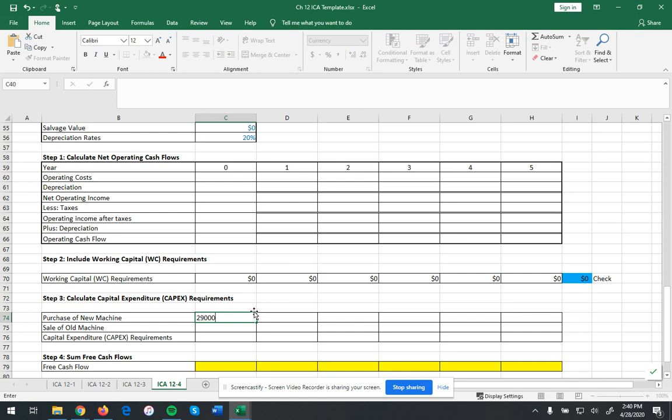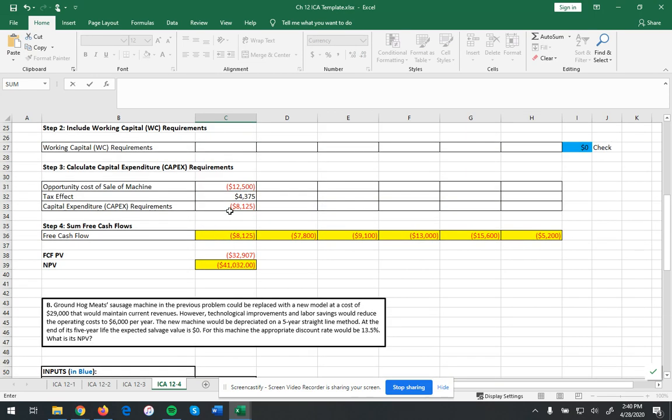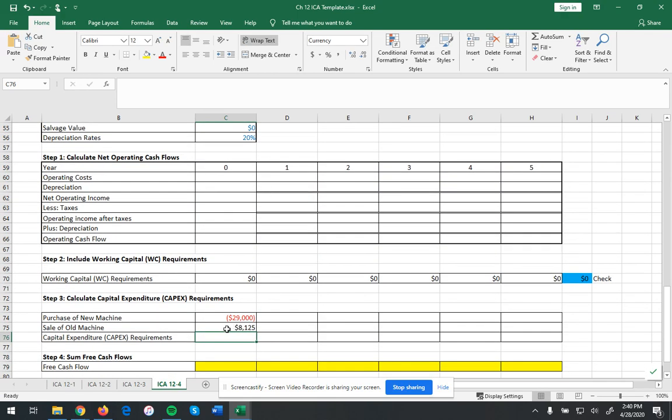And the sale of old machine, this should be a negative, sorry, negative $29,000. Our new machine, the net salvage value should be that.